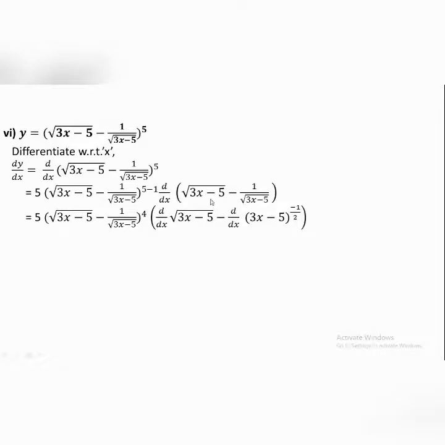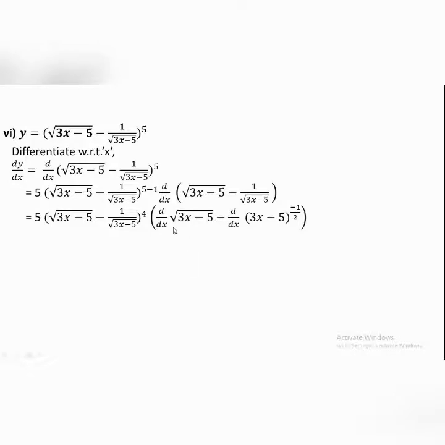And this is differentiated with respect to the root of 3x minus 5, which we write in the numerator. So this is (3x minus 5) raised to minus half, because root means power half, but it's in the denominator, that's why the minus sign is coming up.